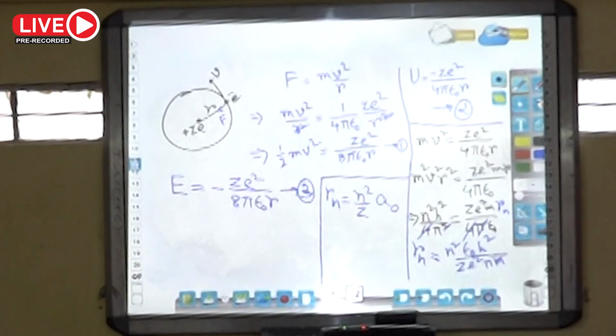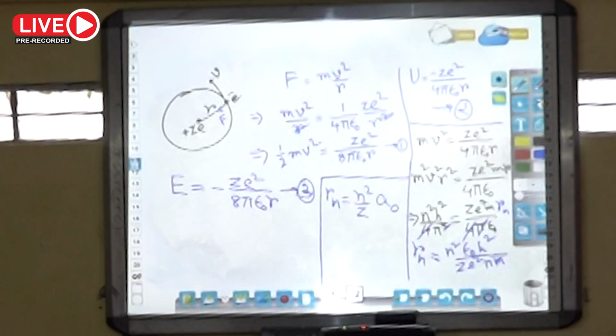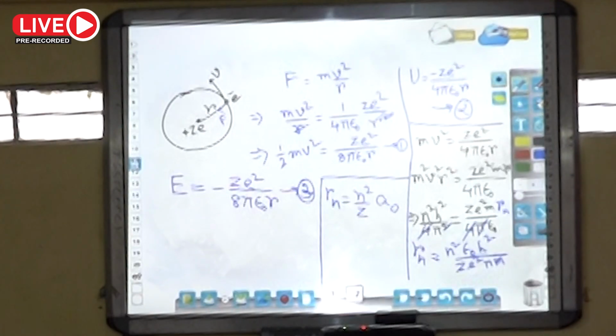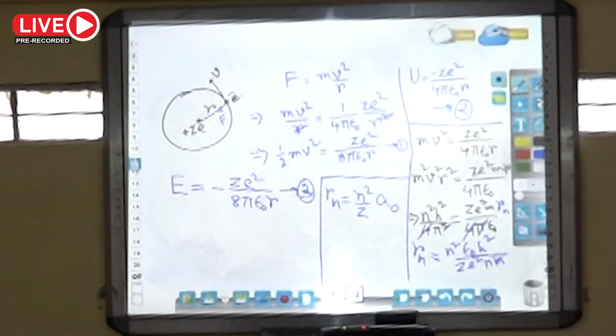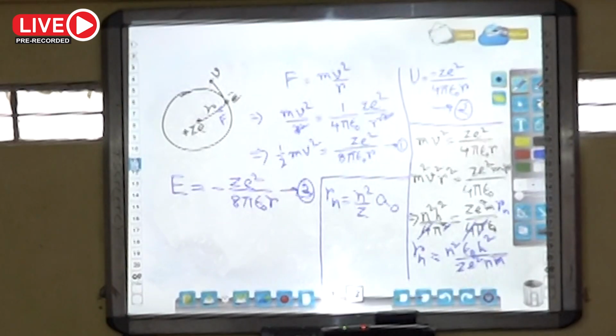I write the general form such that hydrogen-like atoms can be accommodated in the calculation. If you are calculating only for hydrogen, simply you can put Z equal to 1. In that case, for only hydrogen atom, it will become Rn equal to n² a₀.